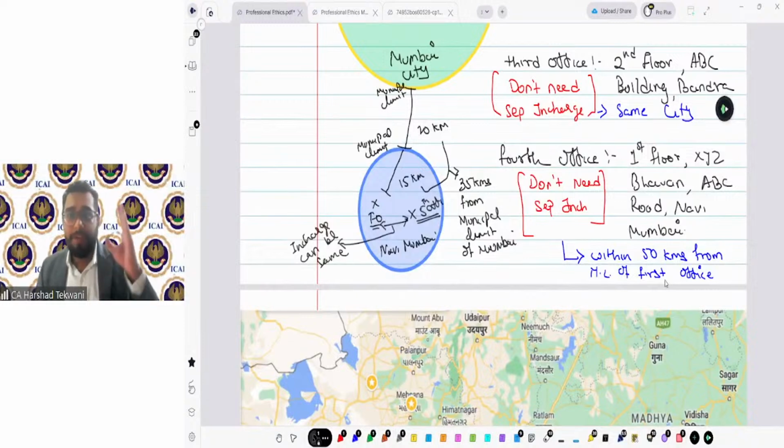So for an in charge, we need to see what was his first office and what is his second office. If the conditions are satisfied, then only we can say whether a separate in charge is required or not. The point to understand is from the point of view of the in charge, not from the point of view of the head office.